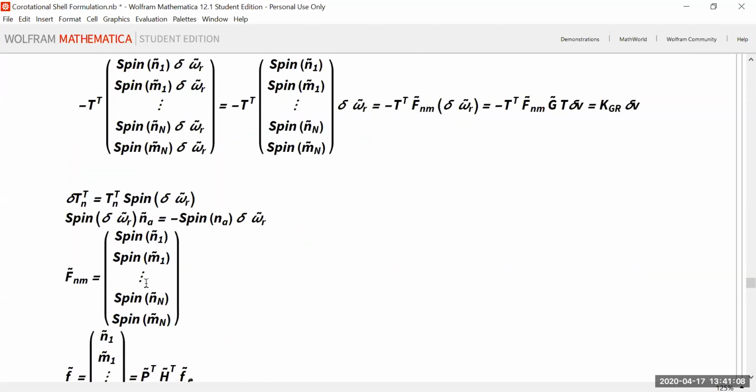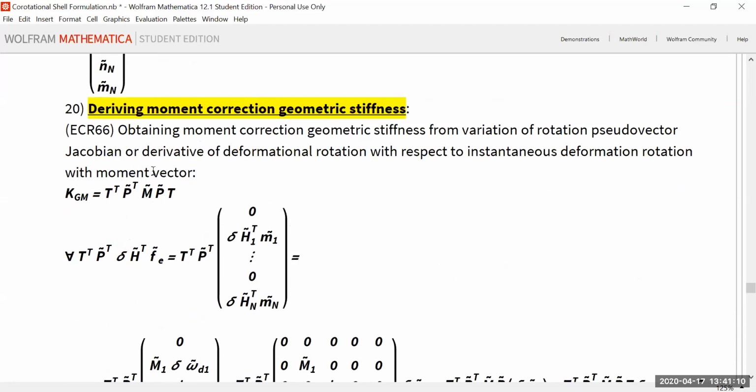And then the third stiffness is composed of these, and then this M. This M is technically a moment vector, and then you're just mapping that using the projector.